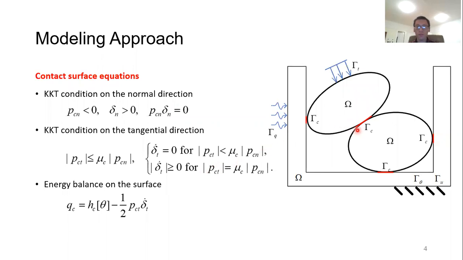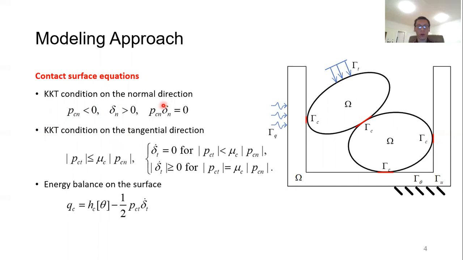And on the contact boundary condition, Gamma C, we need to consider the mechanical contact response, which is stated as these two KKT conditions.